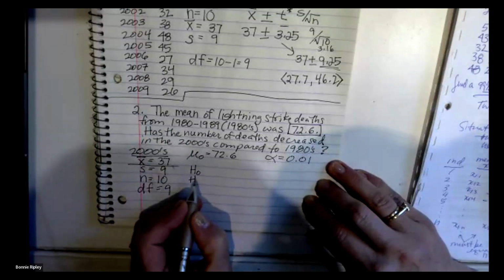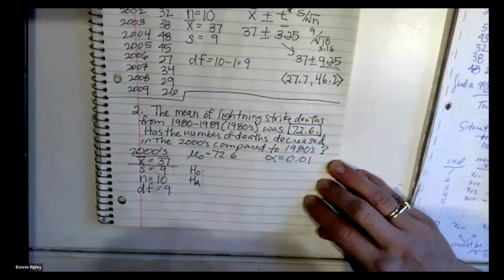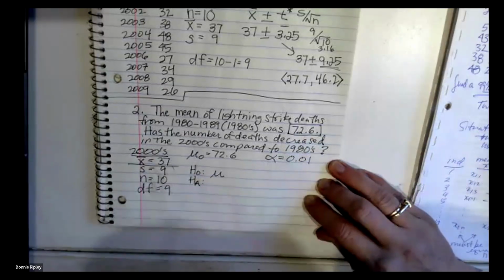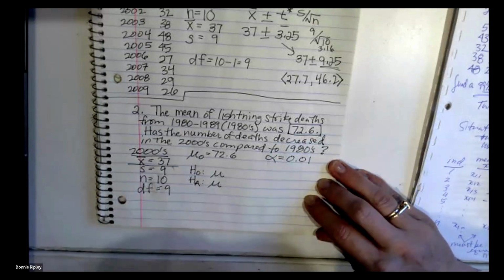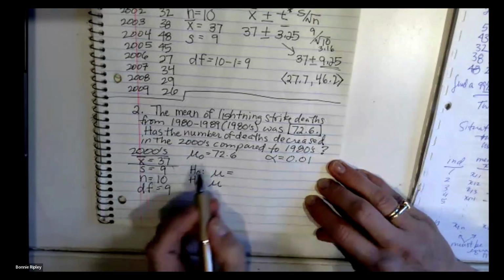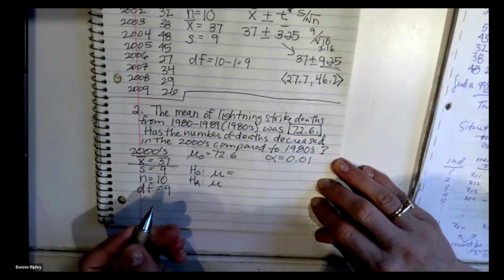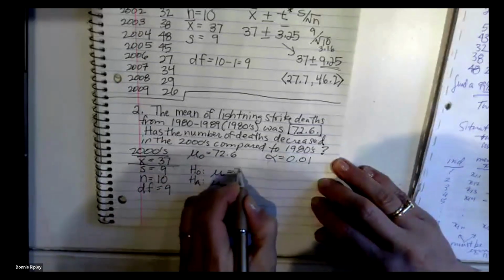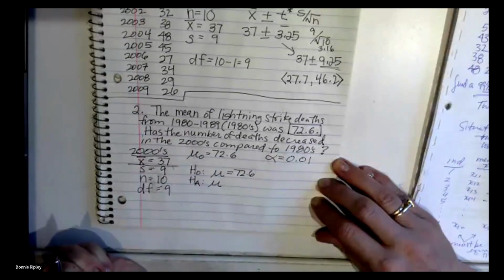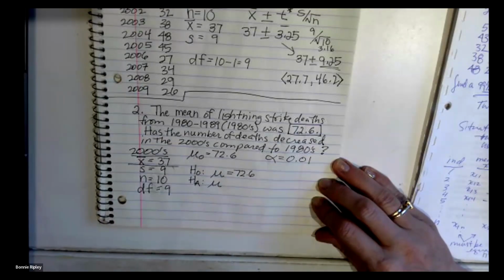We're always going to have a null and an alternate hypothesis. And we're always going to say the true mean, mu, in this case, is going to be equal to this null hypothesis mean, the number that we want to compare our sample to, of 72.6.